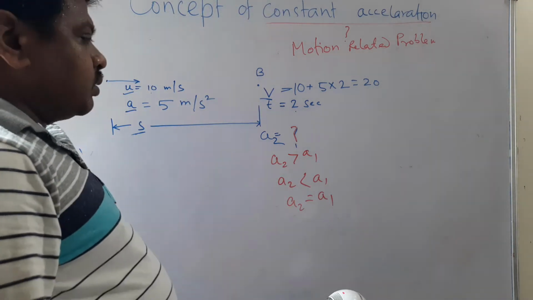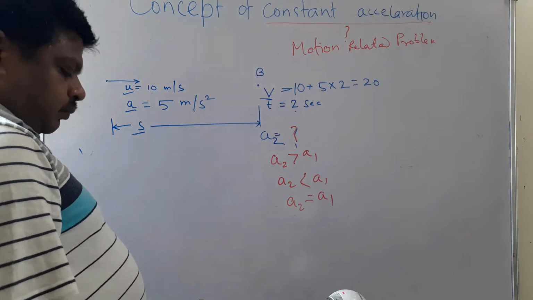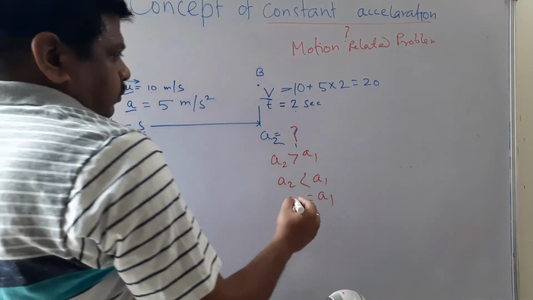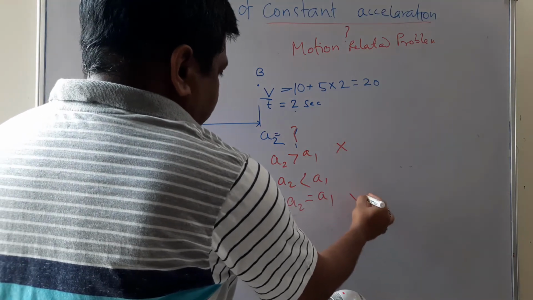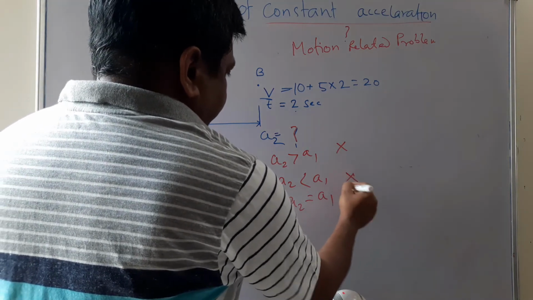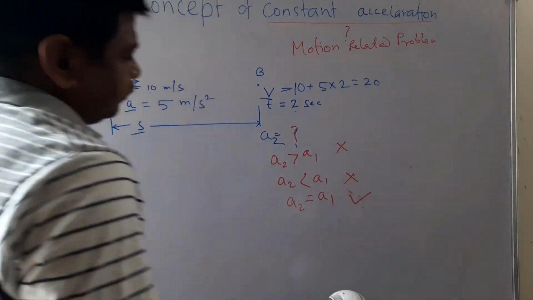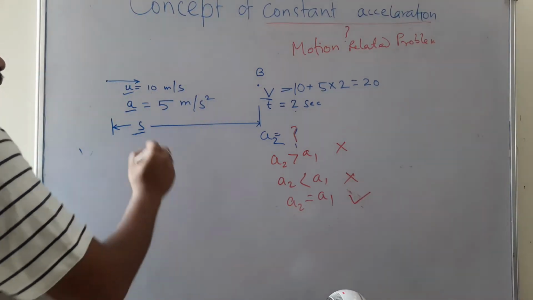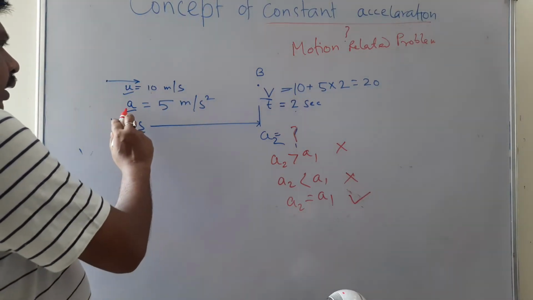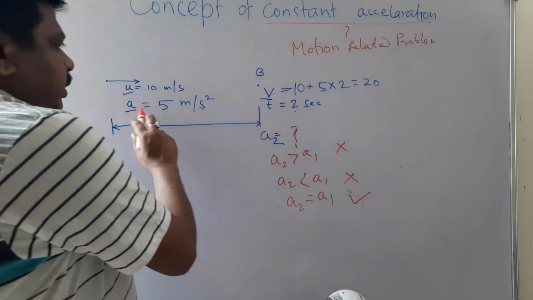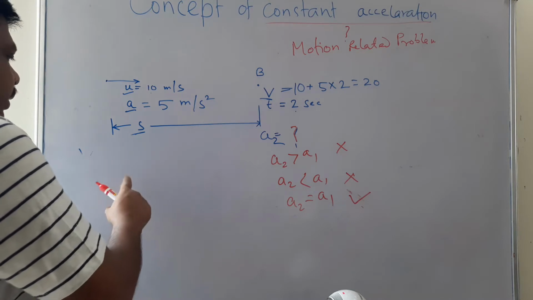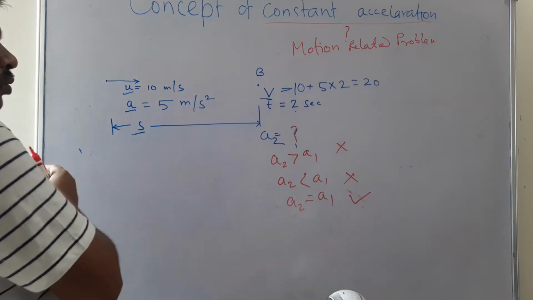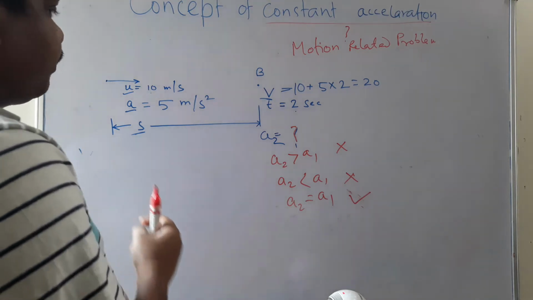What is your answer? So this is wrong, this is wrong, this is right. This a has to be constant throughout the path, then only you can use all those equations.